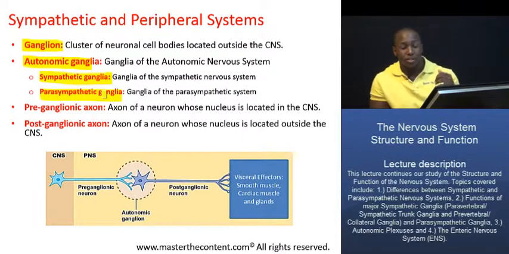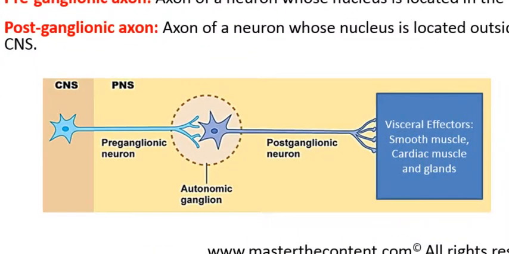What we have at the bottom of the screen is a really nifty diagram, and it very accurately illustrates the difference between a pre and a post-ganglionic neuron. As you can see, the pre-ganglionic neuron right here has its cell body in the central nervous system, where it synapses with a post-ganglionic neuron in an autonomic ganglion.